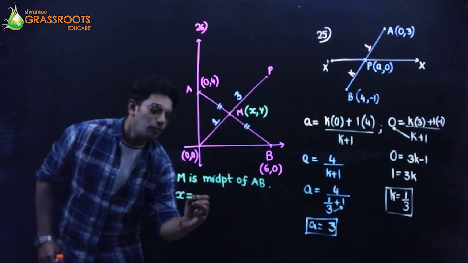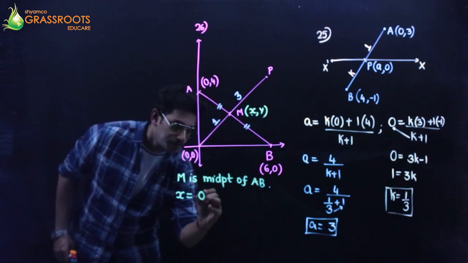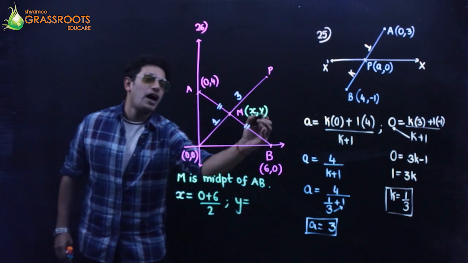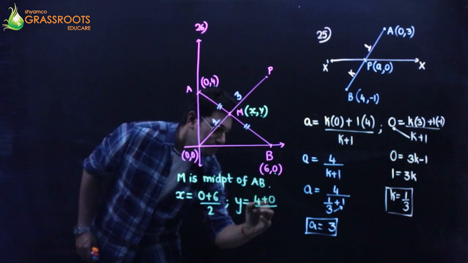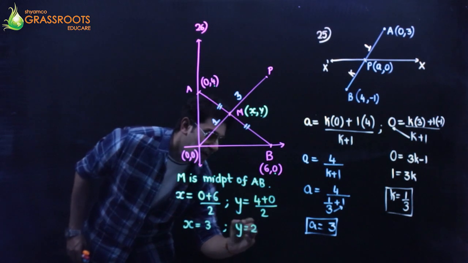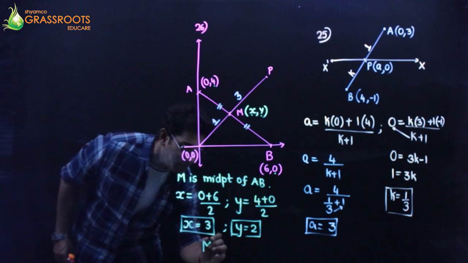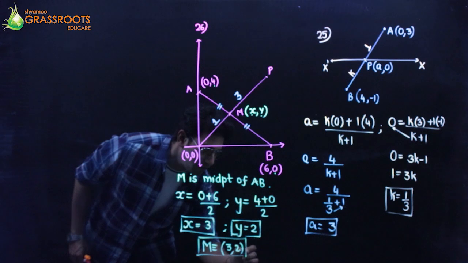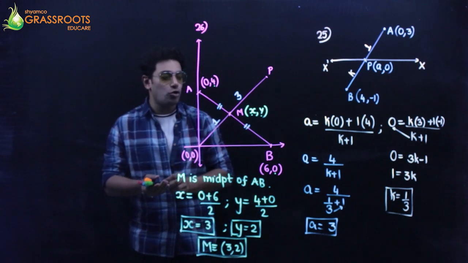So using the midpoint formula, x is equal to 0 plus 6 upon 2, and y is equal to 4 plus 0 upon 2. You get the value of x as 3 and the value of y as 2. So students, I have obtained the coordinates of M, which is 3, 2. So level 1 accomplished.